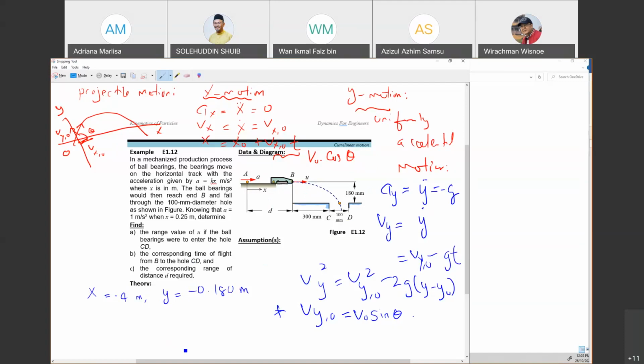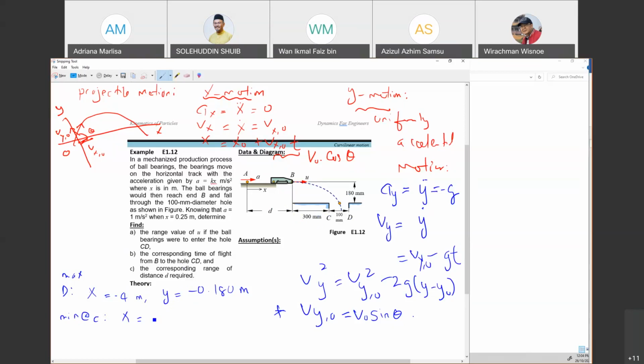Alright, this is one. So maximum hit kat D. Minimum hit at C. Kalau C, berapa C? X equal to, kalau tadi 0.4, this time here lah, C from here.